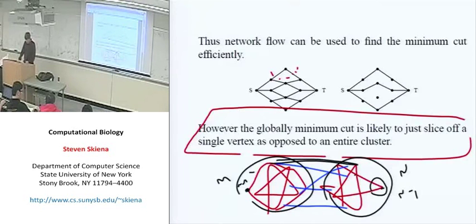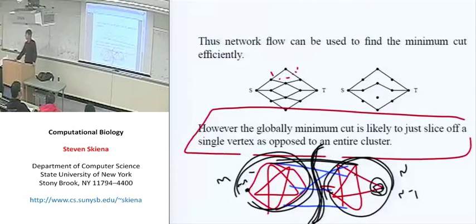How many edges might span these two clusters? N times m. Does everybody agree with that? It's very, very easy for the minimum cut to just slice off a vertex, rather than look for this relatively sparse thing that's separating a lot of vertices. Does everybody get that?